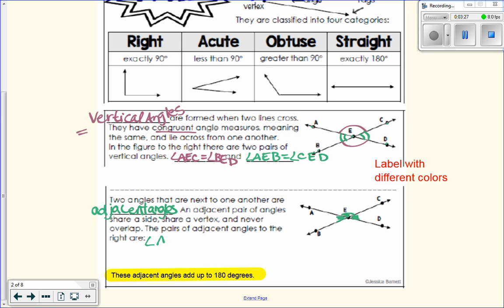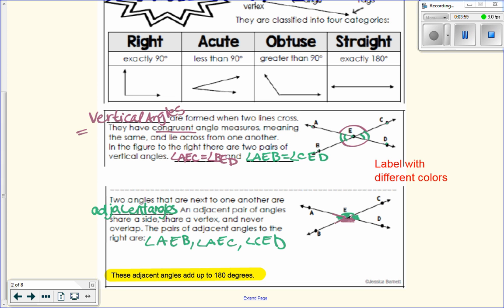So we have angle AEB, angle AEC, and angle CED. Also, I changed colors here. This angle is also adjacent.